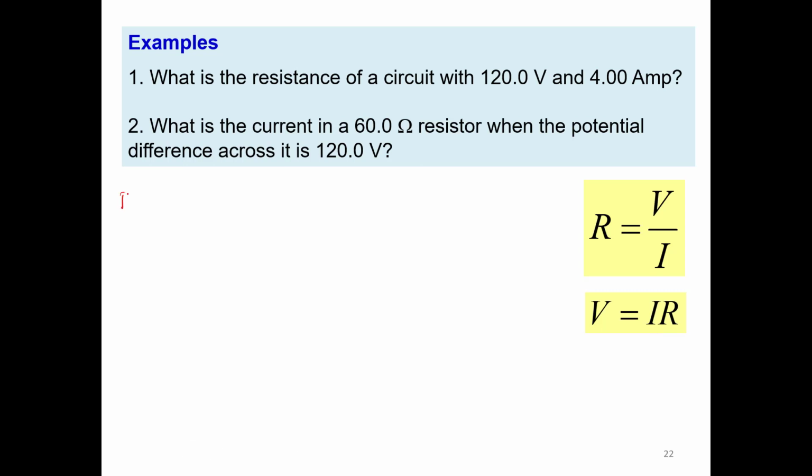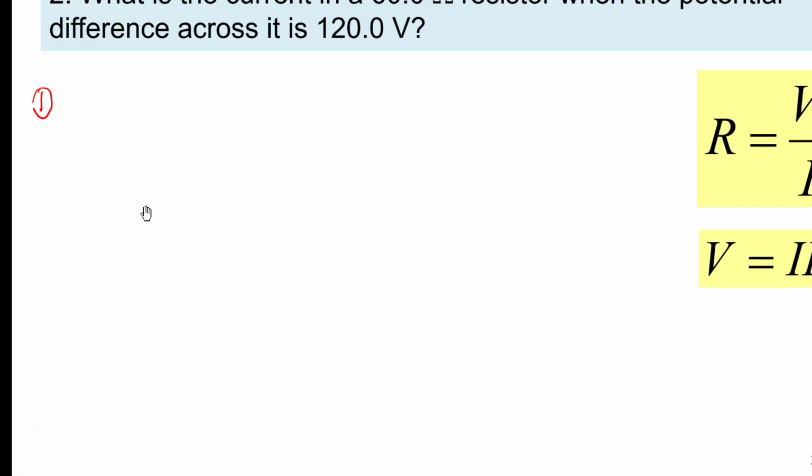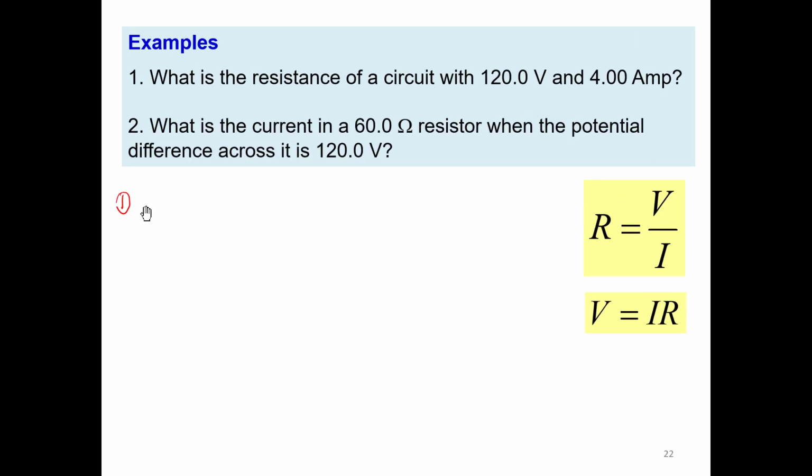Let's solve the first problem. We need to calculate the resistance. This circuit has 120 volts, so you know the voltage, and has 4 ampere.